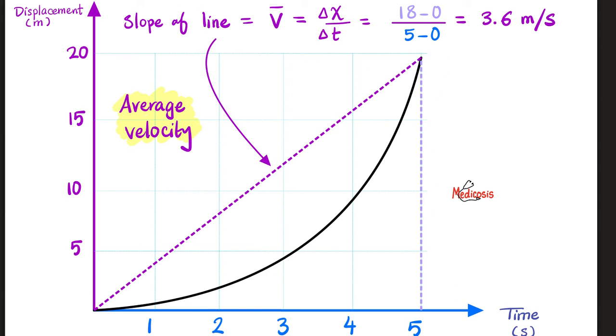The change in displacement is from 0 to 20, or let's say 18 because it's this point, so 18 minus 0. And time is 5 minus 0. Okay, what's the answer? 3.6, which is not the same as 5.6, which tells you that the instantaneous velocity is not the same as the average velocity if the velocity is non-uniform. But if the velocity was uniform, then the instantaneous velocity and the average velocity will be the same.